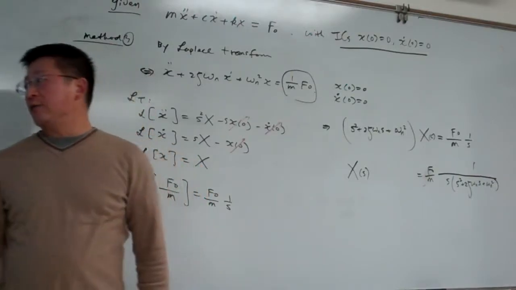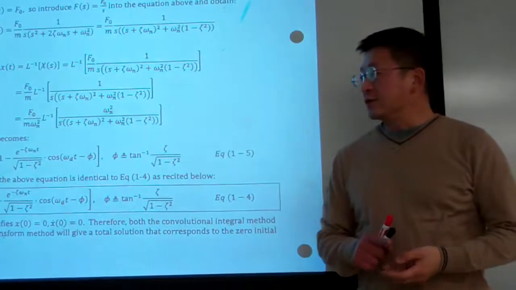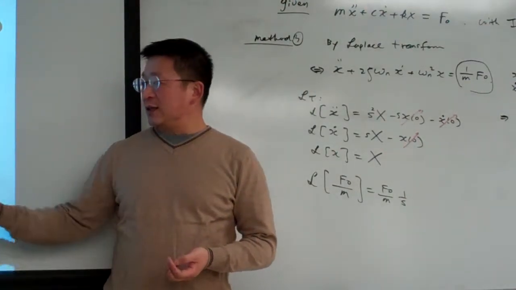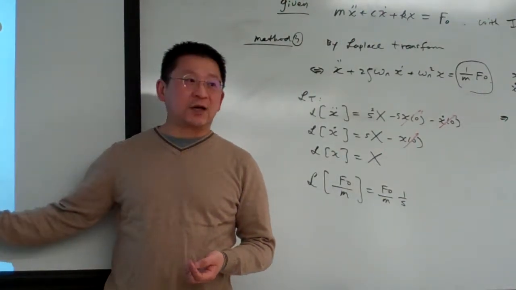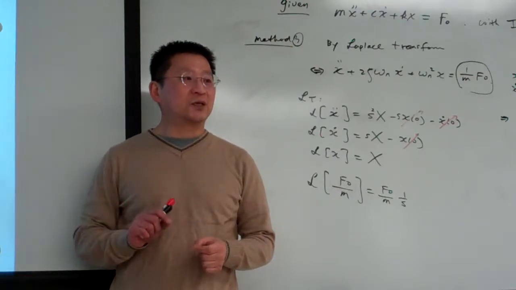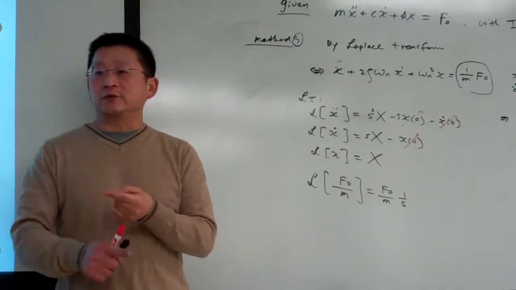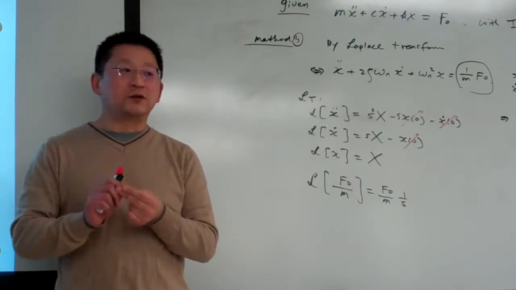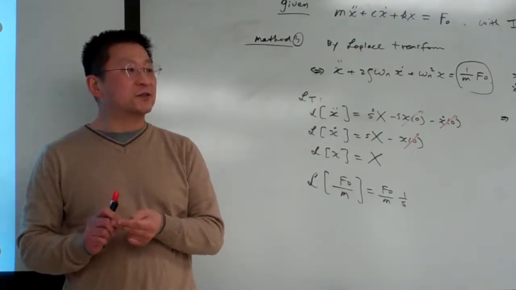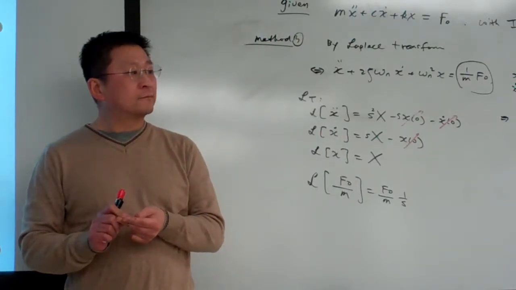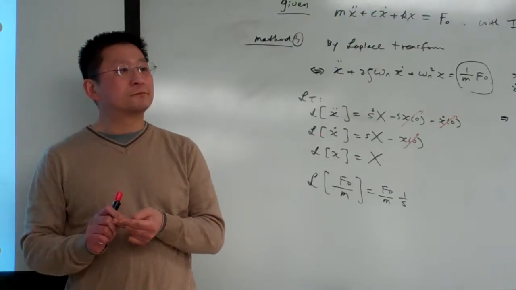Among the three approaches presented, they basically provide us the same result, but those results are in particular for the total solutions, total solutions corresponding to 0 initial conditions. Keep these things in mind. Okay? You good? Okay.